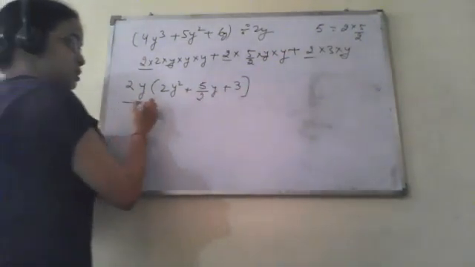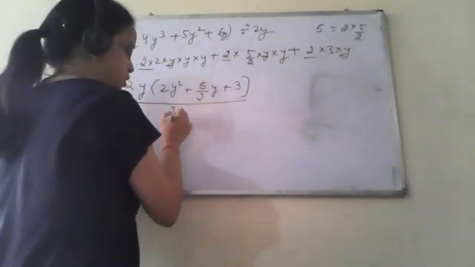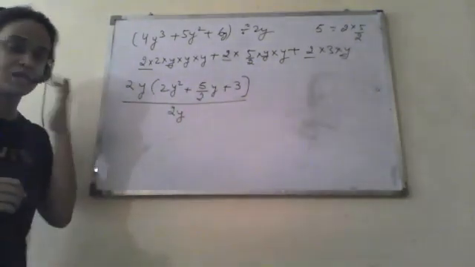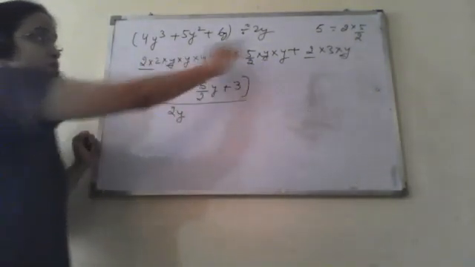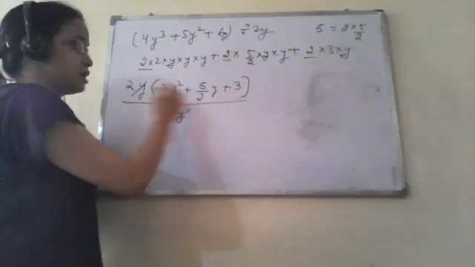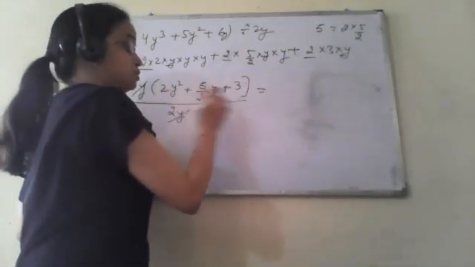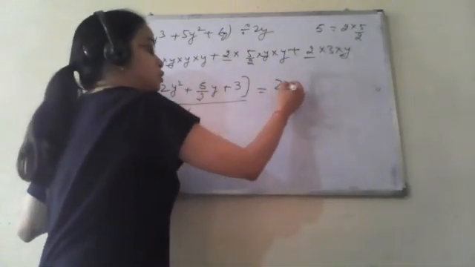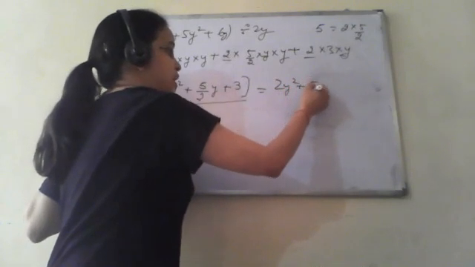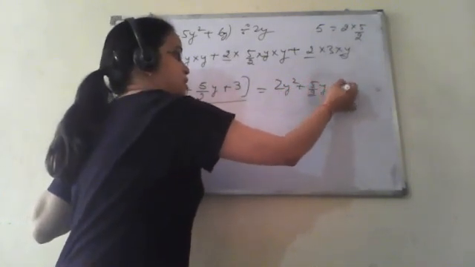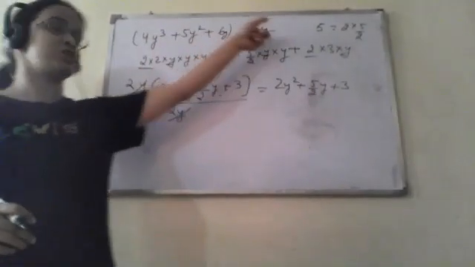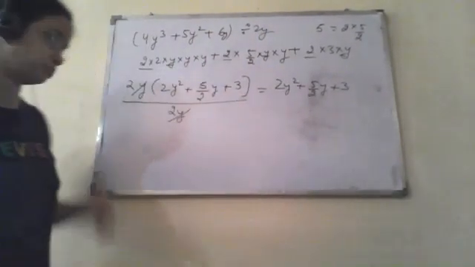This expression was supposed to be divided by 2y, so this 2y will get cancelled out, and the quotient will be 2y square plus 5 by 2 y plus 3. After dividing this expression by 2y, the answer is this.